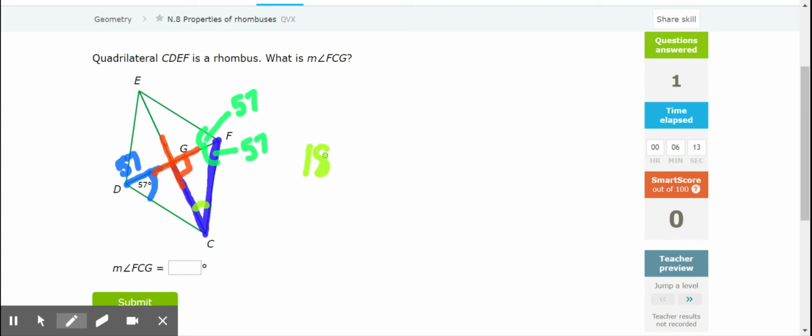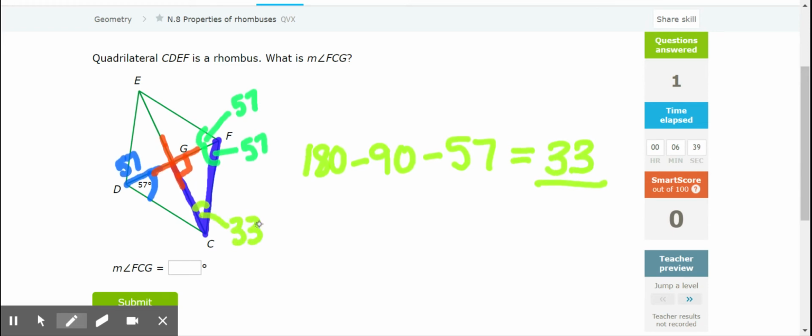So 180 minus 90 minus 57 gives you 33 degrees. That means that this angle right here that they wanted, FCG, is 33 degrees. So I'm going to type 33.